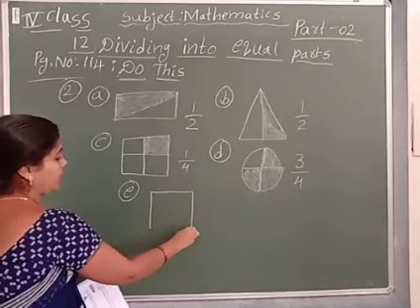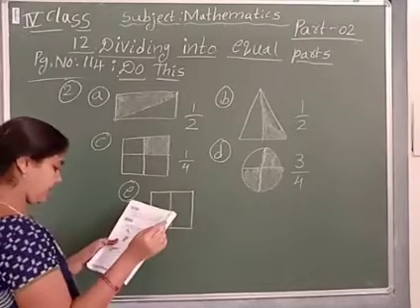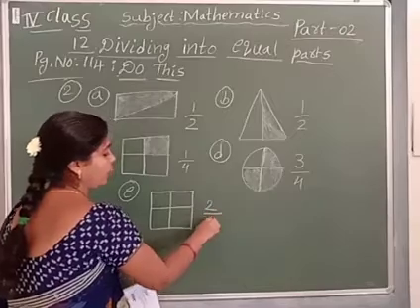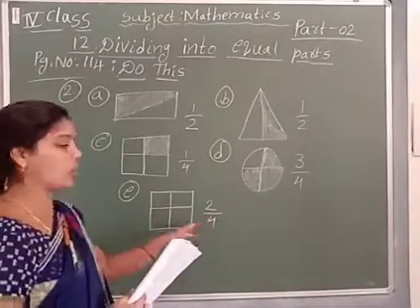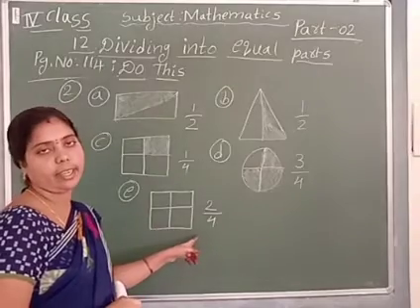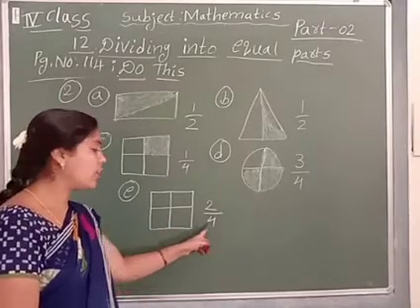Again, here also a square shape is given. Yes, square shape. 2/4 part. So we divide into 4 parts. Why do we divide into 4 parts in the square shape? Because the denominator is 4.